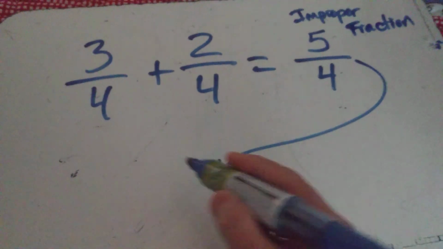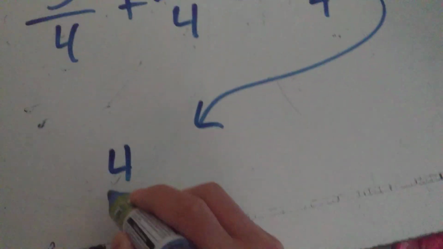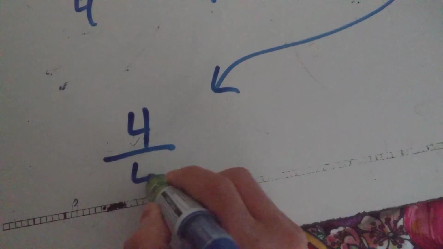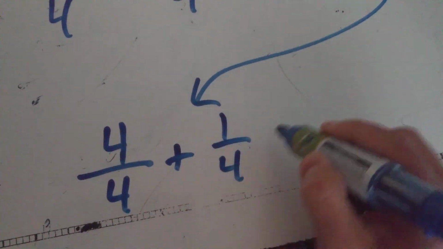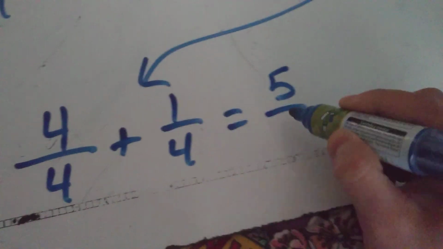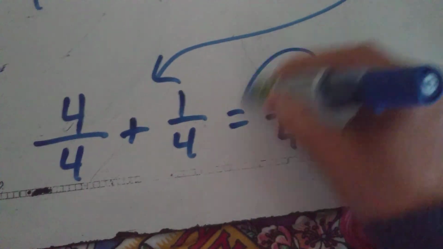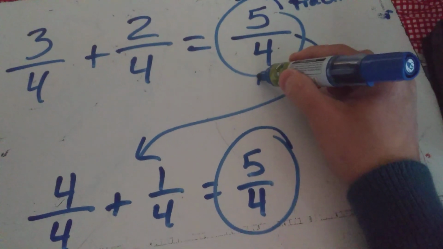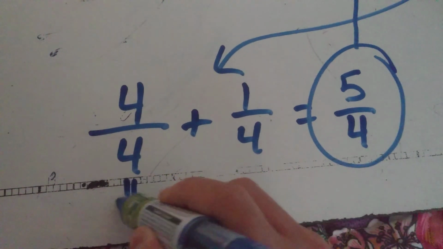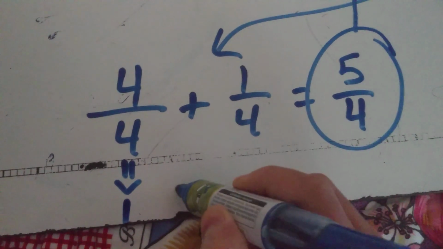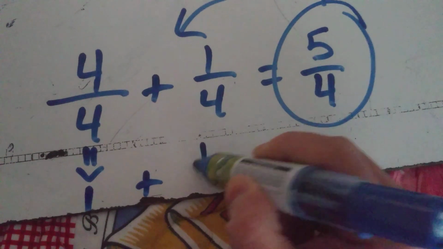really what 5/4 is, we have 4/4 plus 1/4 equals 5/4. So notice this and this are the same. We've just broken it down here so we can see what's actually going on, and as you can see here, 4/4 equals 1. Drop that plus sign, and then we still have 1/4.